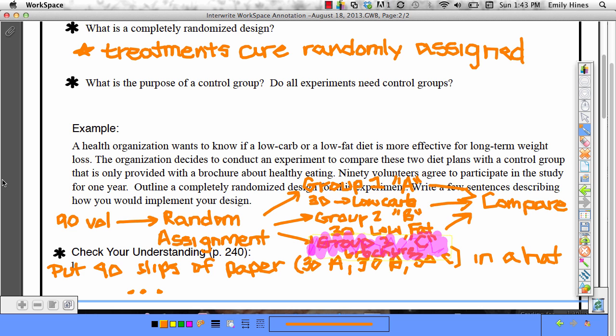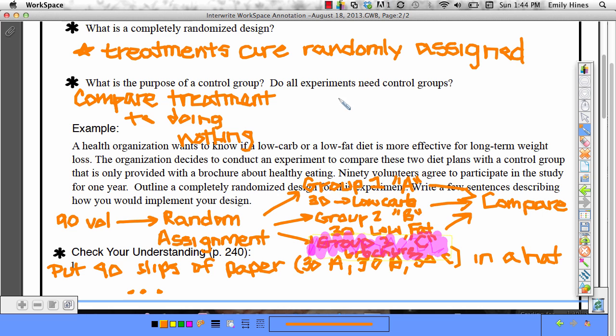A control group is one where you are doing almost like a dummy treatment. They either don't have anything or they take a placebo, etc. It's to compare your treatments to something better than doing nothing at all. So the purpose is to help compare your treatment to doing nothing or to the status quo.